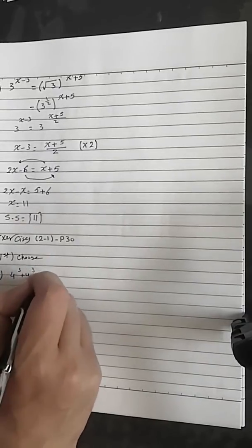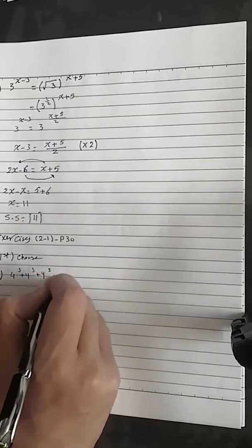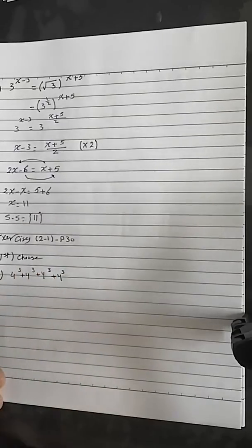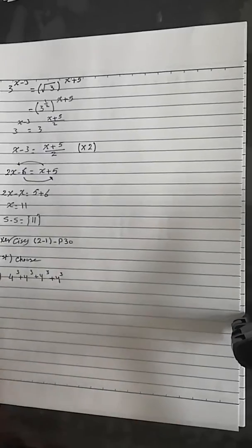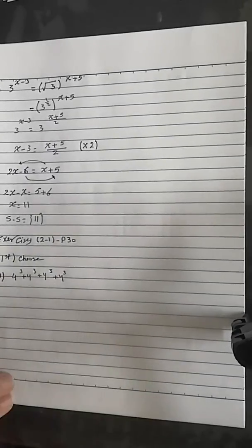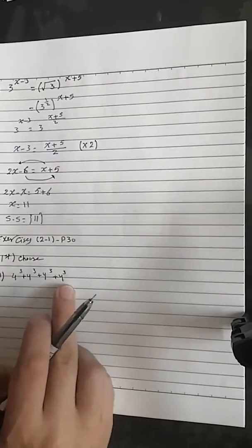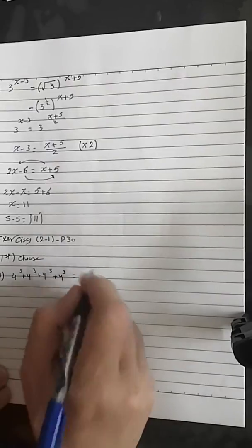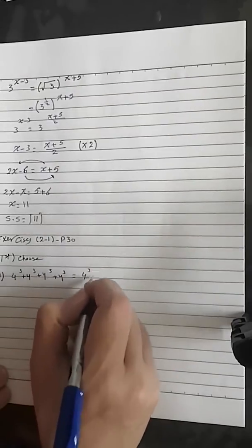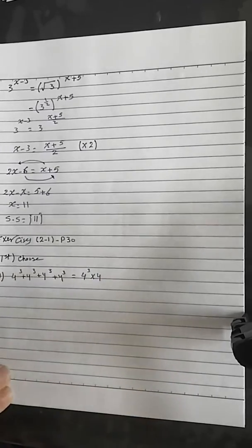4 to the power of 3 plus 4 to the power of 3 plus 4 to the power of 3 plus 4 to the power of 3. In all the rules that we studied now, there was no adding in it. So I have here 4 to the power of 3 repeated 4 times. So it's equal to 4 to the power of 3 multiplied by 4.